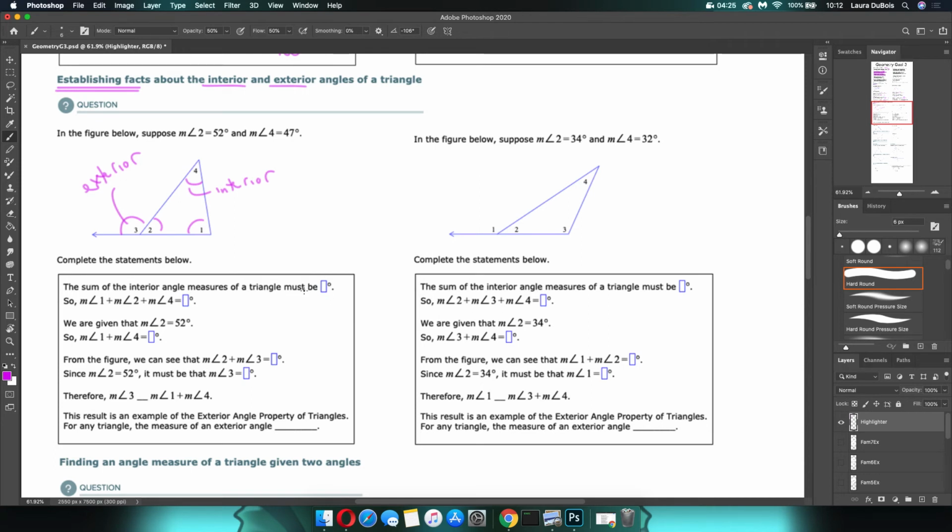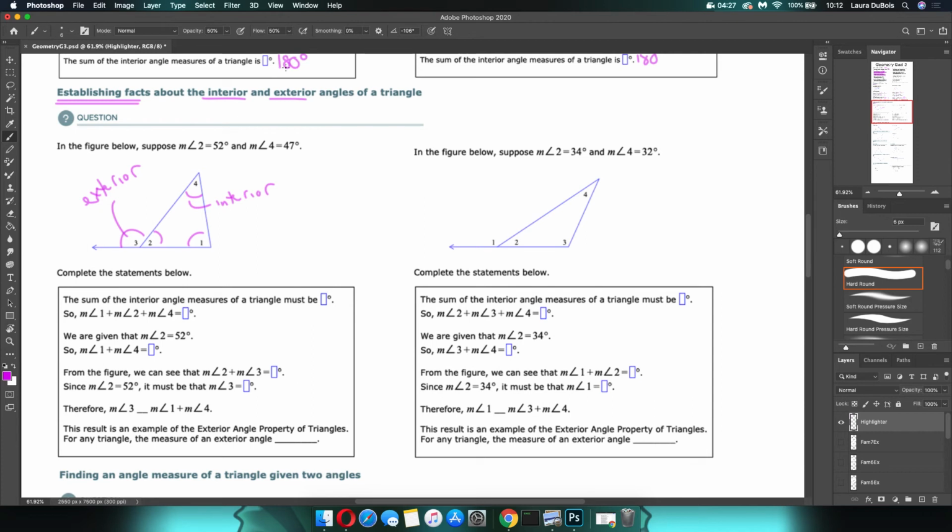So the sum of the interior angles in a triangle is, gee, what did we just figure? Oh yeah, 180. So the measure of angle 1, 2, and 4 add up to 180. Okay, we're given that the measure of angle 2 is 52 degrees, which means the measure of angle 1 and 4 is going to be 180 minus the 52, which is 128 degrees.